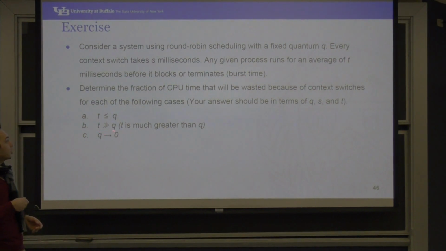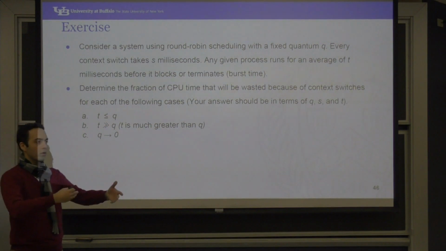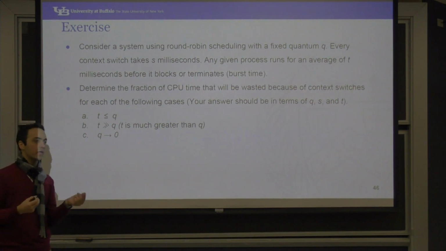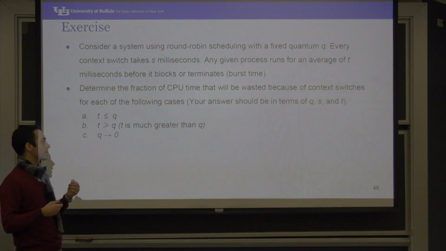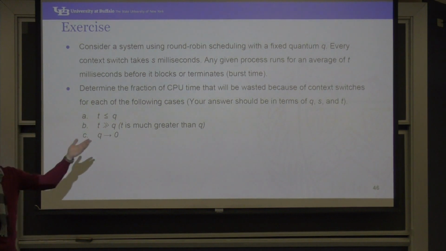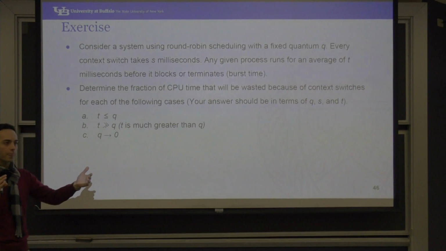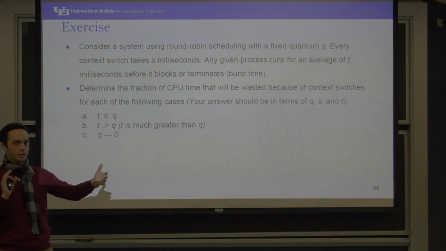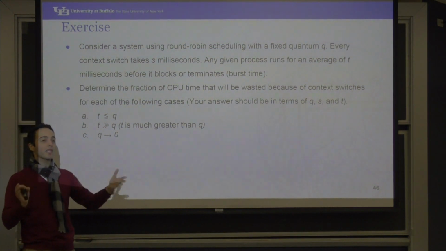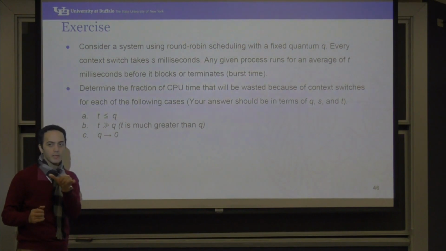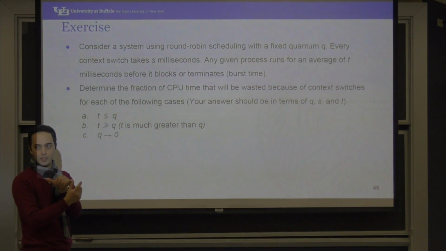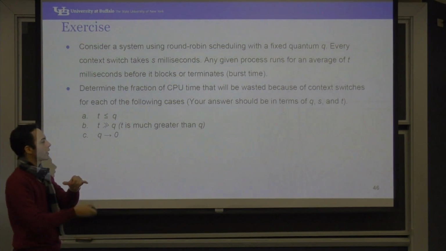So if t is much larger than q, meaning each process gets chunks of q, then for each chunk they also get one overhead, which is s, right? So you consider the same fraction. Each of the processes will have many chunks of a quantum execution time and a context switch, a quantum and a context switch.